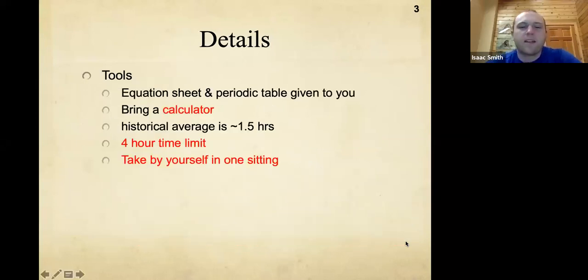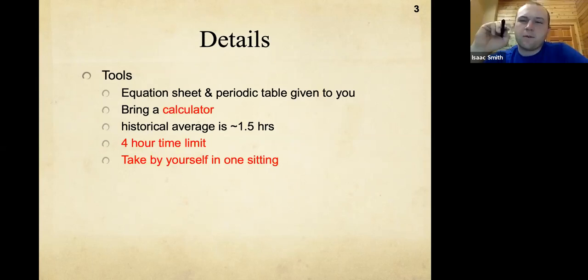Again, you can use the sheets that I give you. If you go to content and then exam info on Learning Suite, there's 3 sheets: equation sheets, and then 1 periodic table. Those are the only 3 sheets there. Pen and pencil and some blank paper, and that's about it.